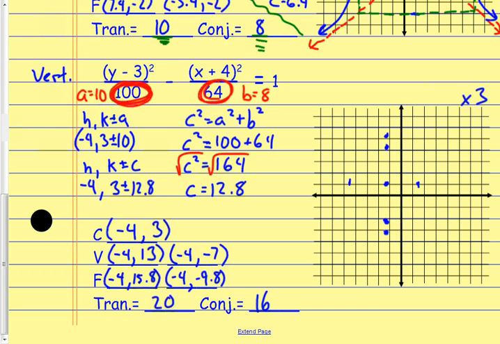It goes through my conjugate and transverse axis. And now I'm going to draw my asymptotes. They go through the corners of the box and the center.